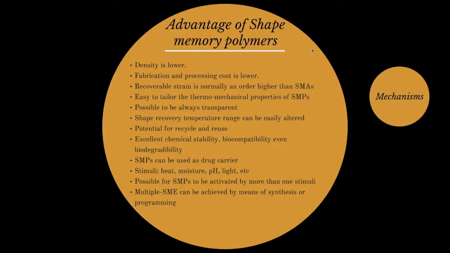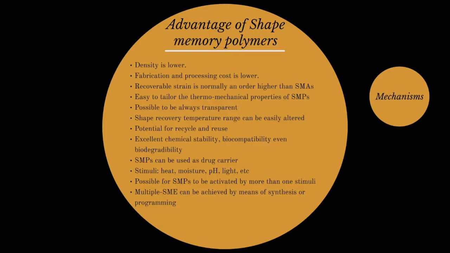So the other material is the polymers, and I think this is the most applicable because there are a lot of polymer types that can be used as shape memory polymers. And this is the advantage compared with the alloy.